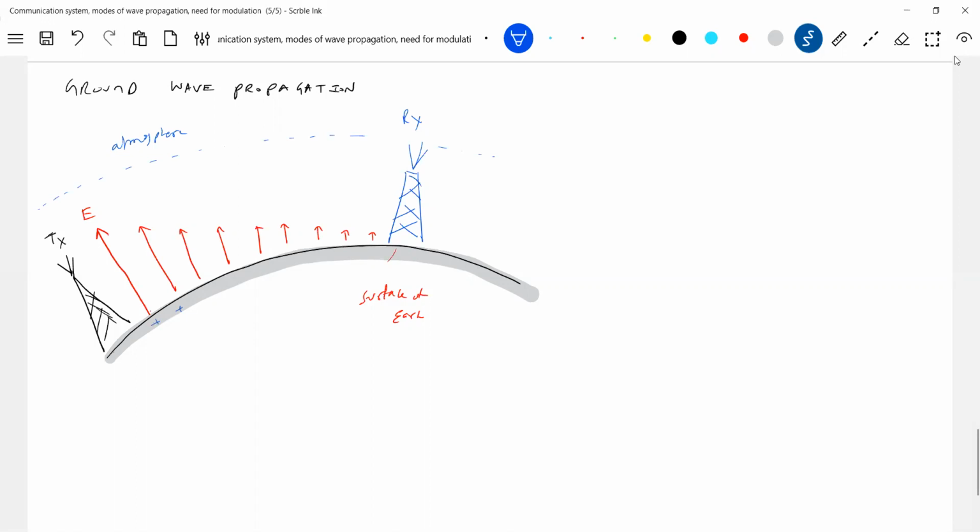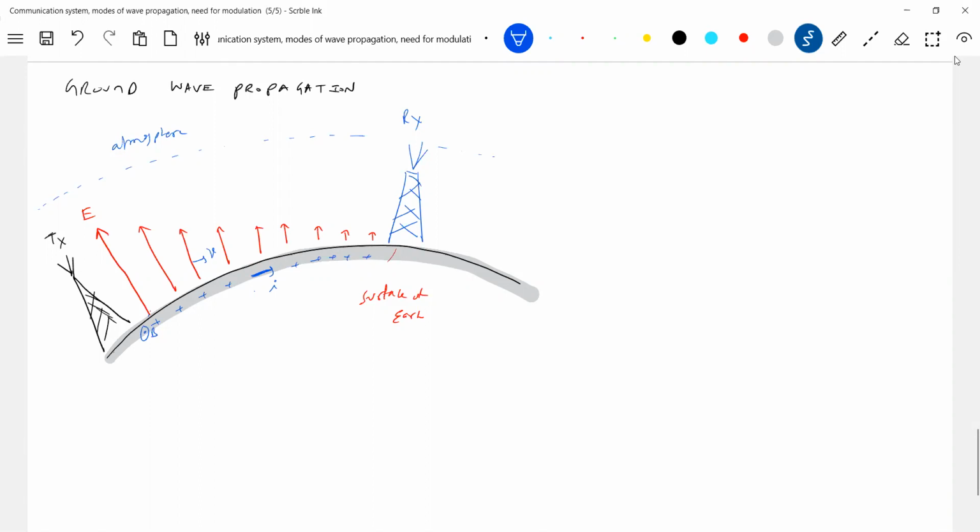So here we'll get an induced charge. As the wave propagates, the induced charge will also propagate, or we can say some current I is flowing. This will be the direction of propagation of the wave. B bar I'll show as a dot out of the plane or into it.